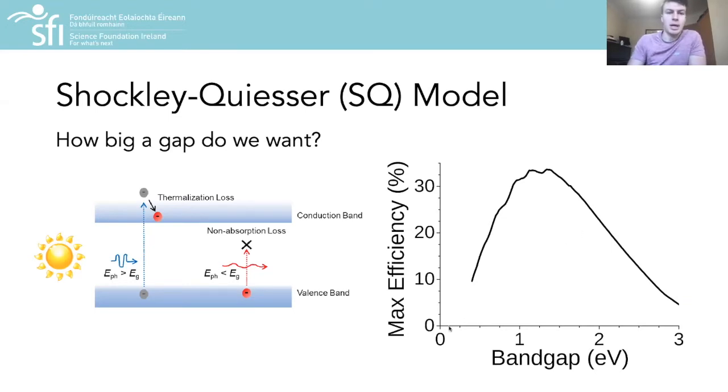And so given the shape of the solar spectrum, the distribution of photon energies from the sun, we end up with this Goldilocks zone around here, which gives us the ideal band gap for an efficient solar cell material.